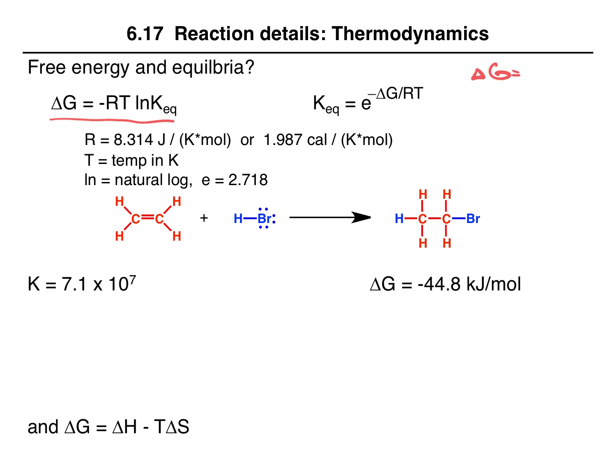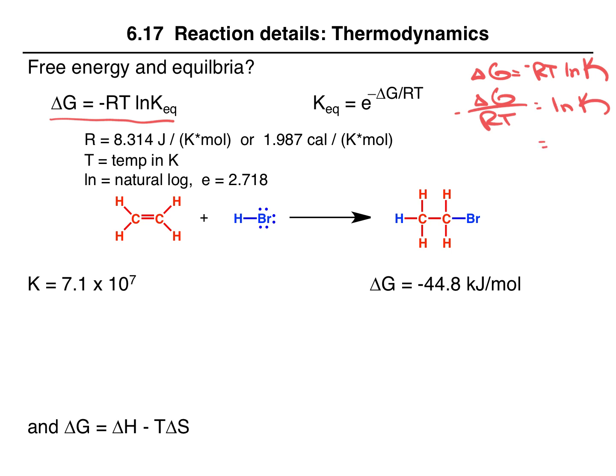So delta G equals minus RT times the ln of capital K. If we divide both sides by negative RT, then we get negative delta G over RT is equal to the natural log of the equilibrium constant K. Now we want to take the inverse of the natural log of both sides.